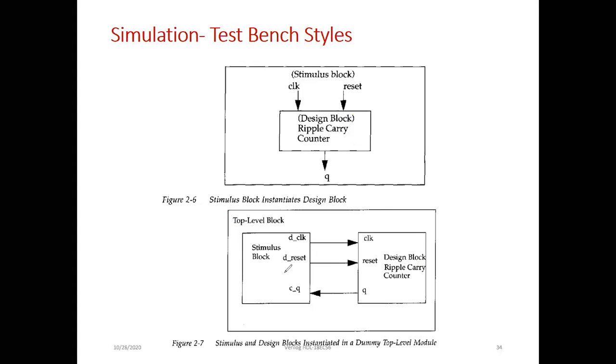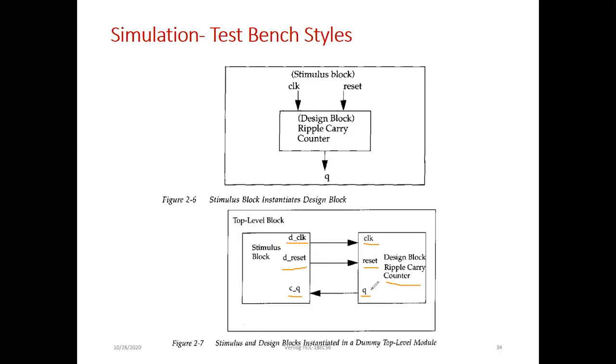Then this will be your stimulus block. Here we have dummy variables we created: D underscore clock, D underscore reset, C underscore Q. They should be mapped with your ripple carry counter. Now each and every input and output variable is mapped.